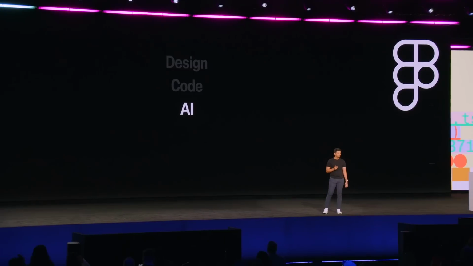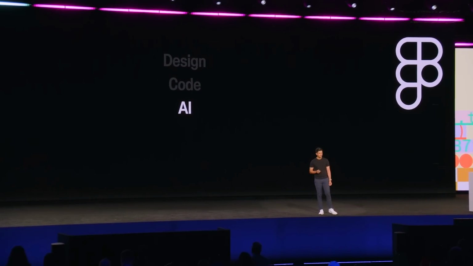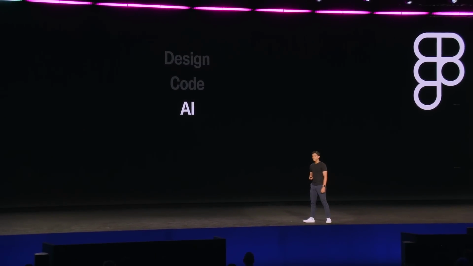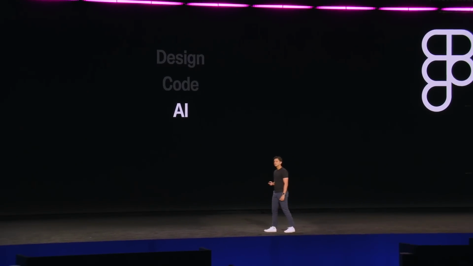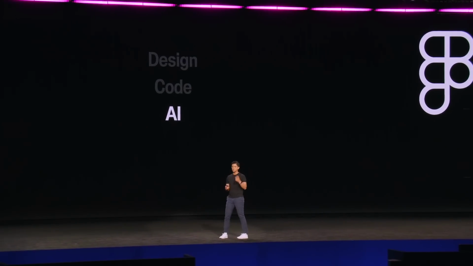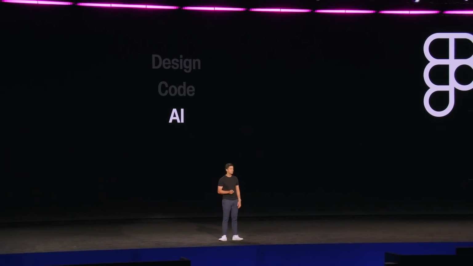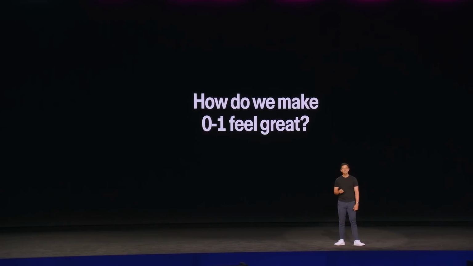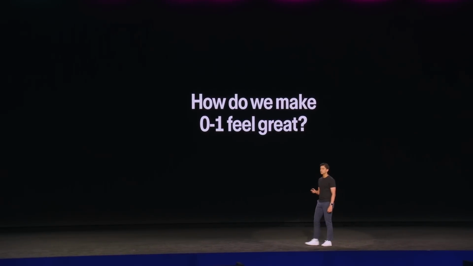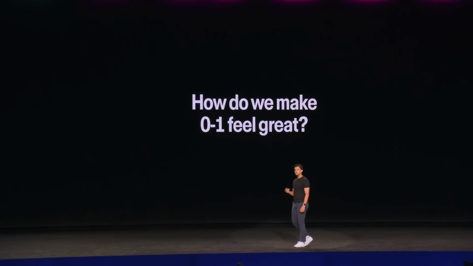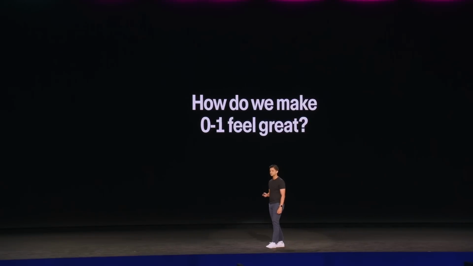Over the course of this presentation, you've seen some incredible examples of what you can create in Figma Make and Code and Sites. And when you add AI into the mix, you can now go from an idea to a prototype in a matter of minutes. So something that was top of mind for us was how do we make these first generations feel great so that you can get your vision onto the screen as quickly as possible?